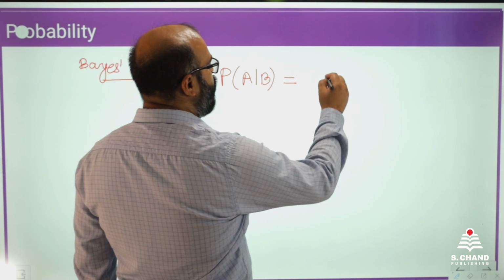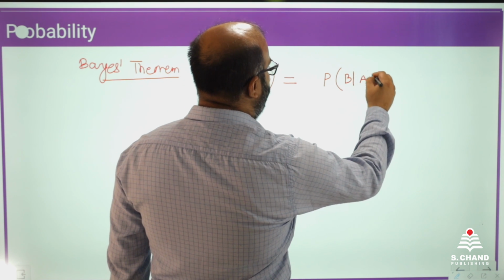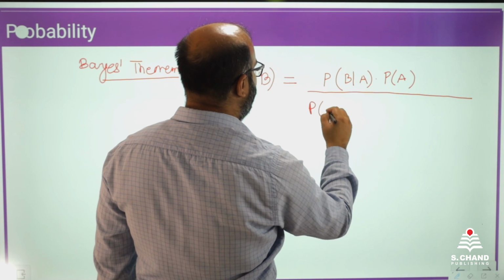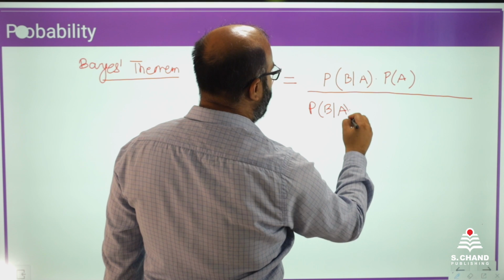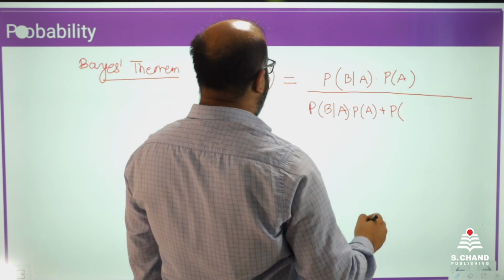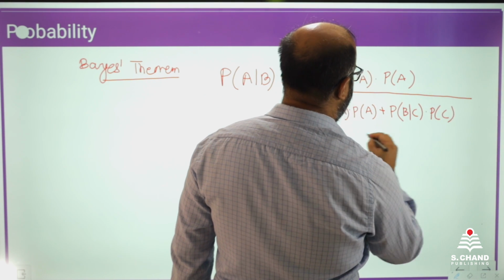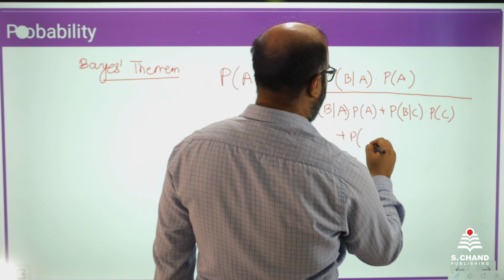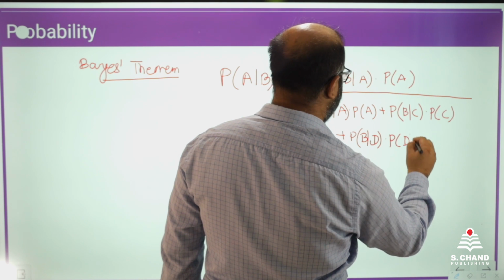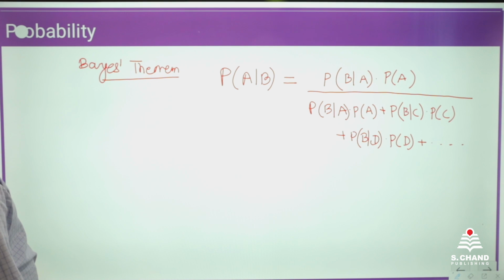So what you will do is write it as P of B by A into P of A, then in the denominator P of B by A into P of A plus P of B by C into P of C plus P of B by D into P of D, like this. This is the Bayes theorem. You will see its application also.